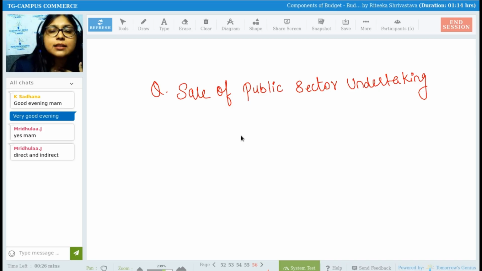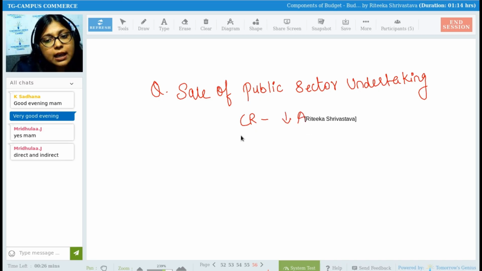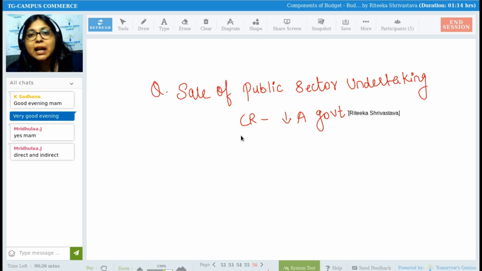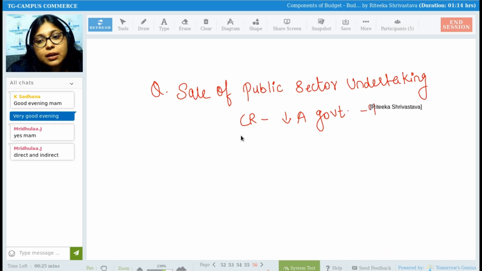Very good. The correct answer is capital receipt, because the sale of a public sector undertaking is going to reduce the assets of the government. When the government sells its shares to the private sector, it is nothing but a form of disinvestment, and we discussed that it is a reduction in the assets of the government. So it is a capital receipt. Very good.